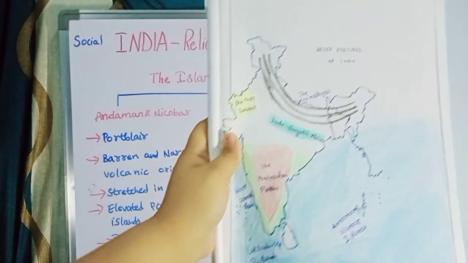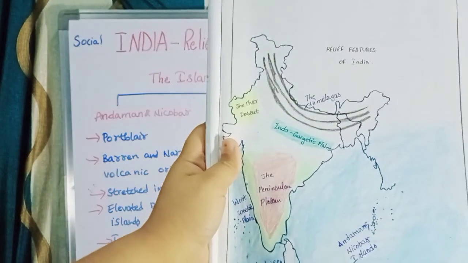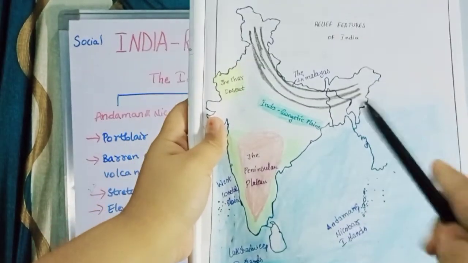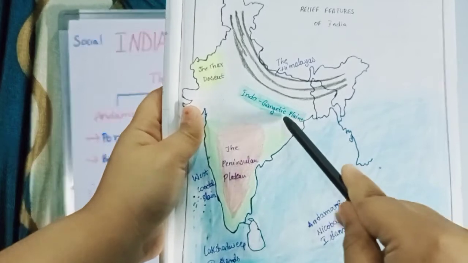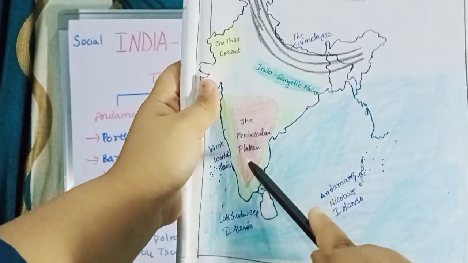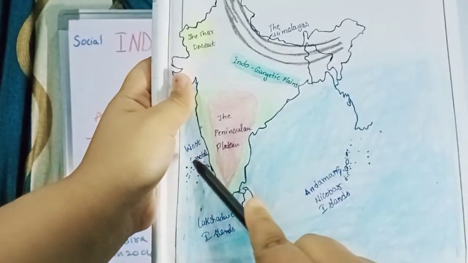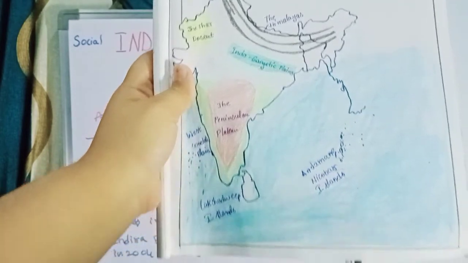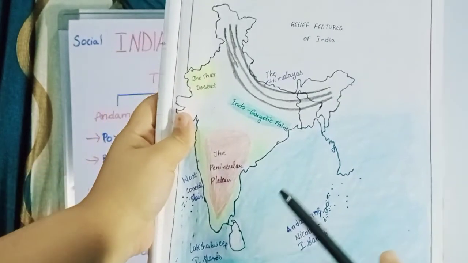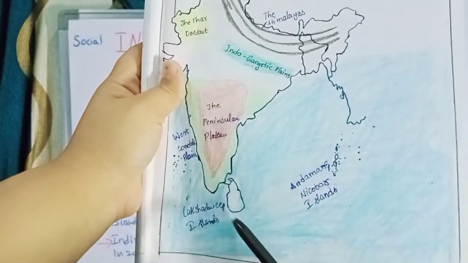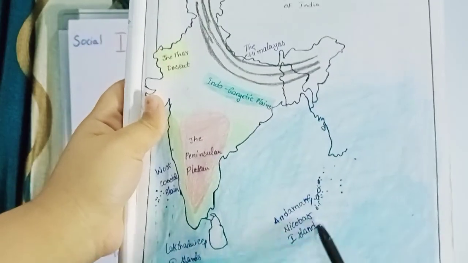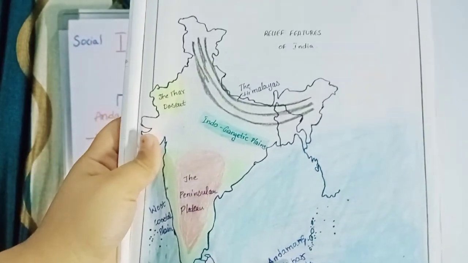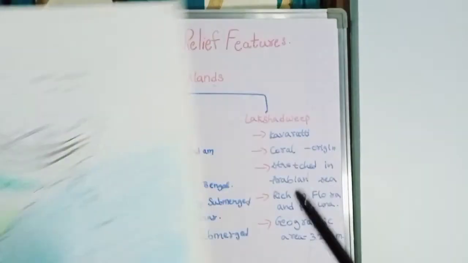This is the map of relief features of India. Here the Thar desert is there. Here the Himalayas. Here the Indo-Gangetic plains. Here the peninsular plateau. Here the west coastal plain, and this is the Lakshadweep Islands. These are the Andaman and Nicobar Islands.